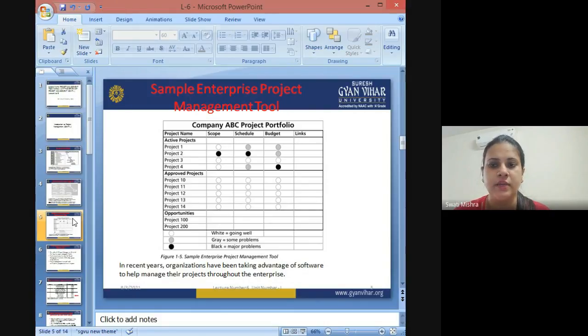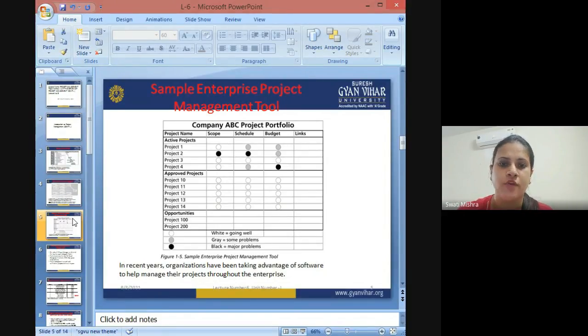So this is an enterprise project management control tool. In recent years, many organizations have taken advantage of multiple software to help manage their projects, through enterprise resource planning software also.